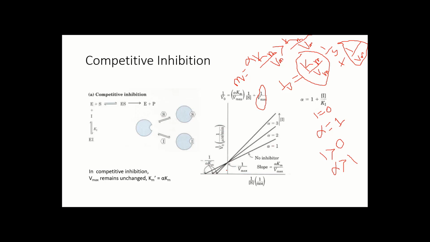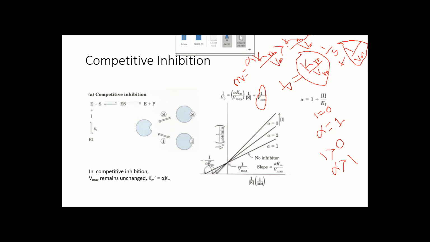So in competitive inhibition Vmax remains unchanged. If you see both equations, with the inhibitor and without it, Vmax is the same, so the intercept is the same, but Km will be increased. Here the slope in the presence of the inhibitor is alpha Km by Vmax and in the absence it is Km by Vmax, and the slope with the inhibitor is more.